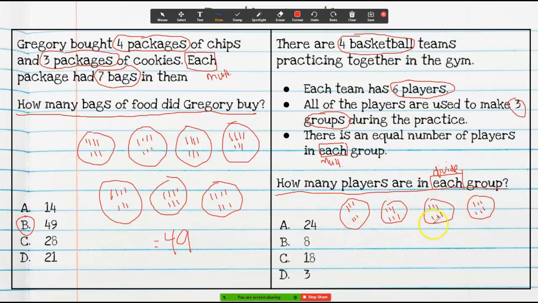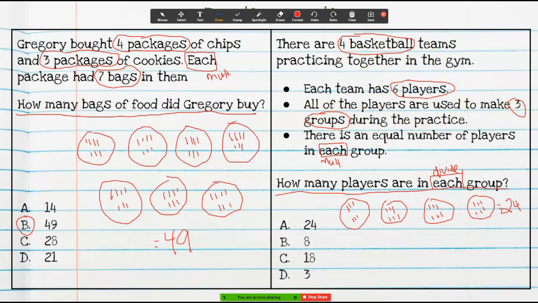Okay, so now that gets me 1, 2, 3, 4, 5, 6, 7, 8, 9, 10, 11, 12, 13, 14, 15, 16, 17, 18, 19, 20, 21, 22, 23, 24. That gives me 24. Now, that is not my answer, okay? Don't just assume that's my answer, because I still need to put them in 3 groups during the practice.